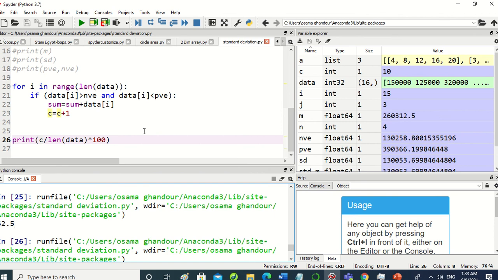If you'd like to analyze prices of a stock market for a company like Amazon, Microsoft, Apple, the prices of gold, the prices of oil, Brent oil or Texas oil, you can use this program.